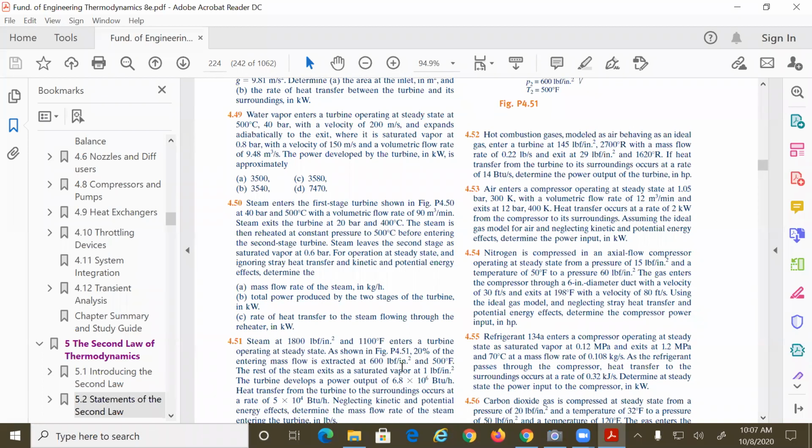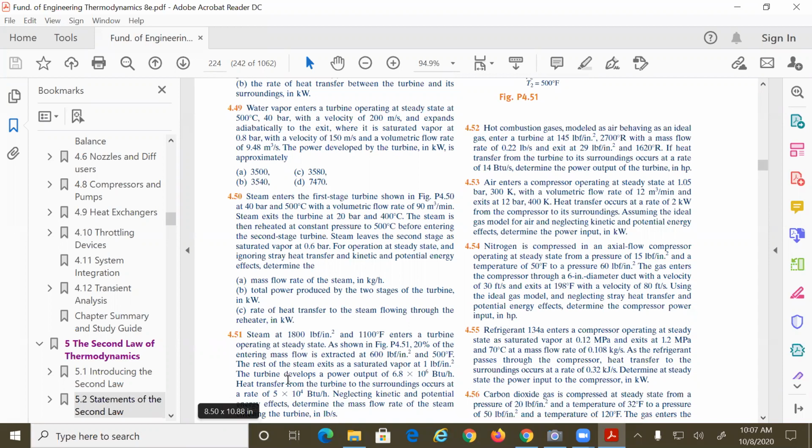So the WT on the figure is 6.8 times 10 to the 6 BTU per hour. Heat transfer from the turbine to the surroundings occurs at a rate of 5 times 10 to the 4th BTU per hour.